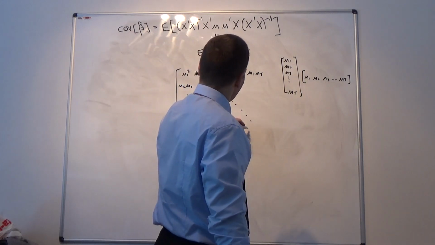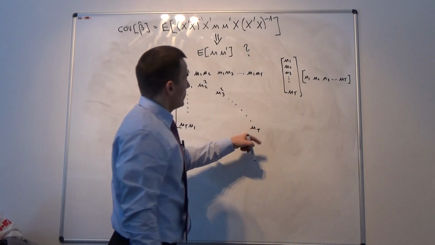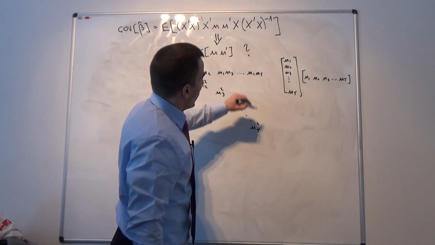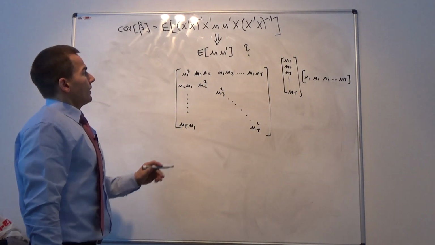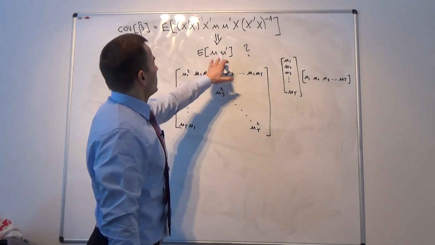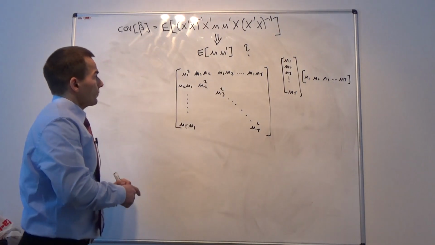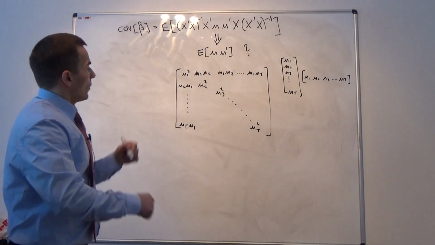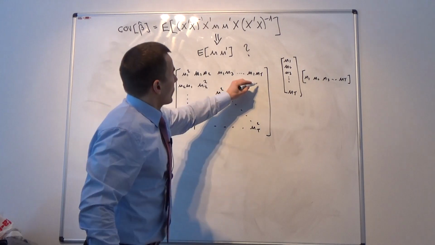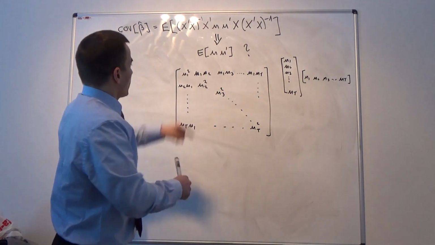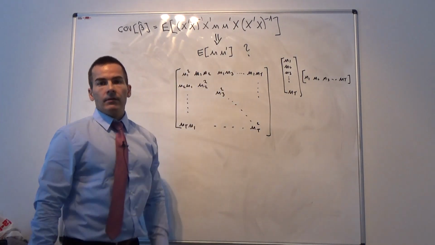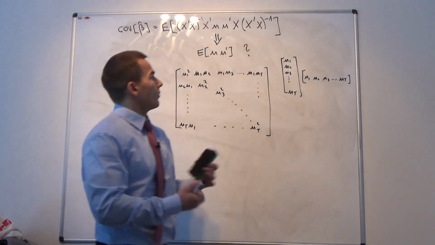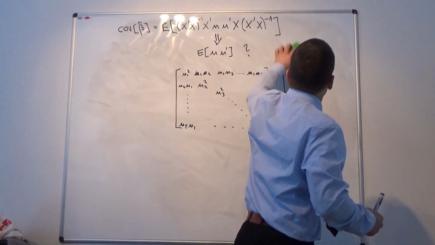The last element on the main diagonal is u capital T squared. So that's basically the matrix once we have multiplied this out. Now we have to take the expectation of each element in this matrix. So let's take this away.